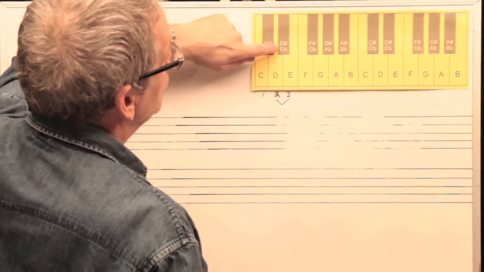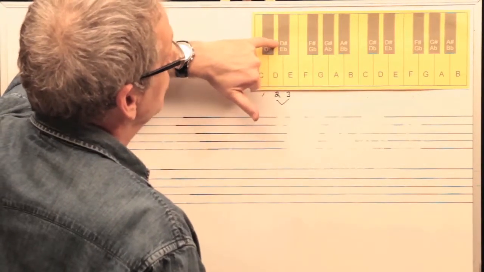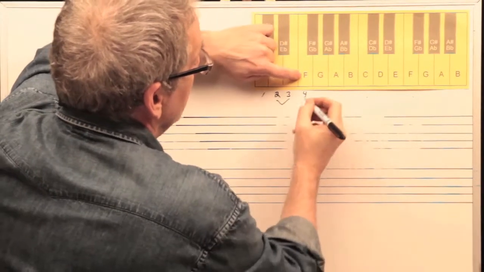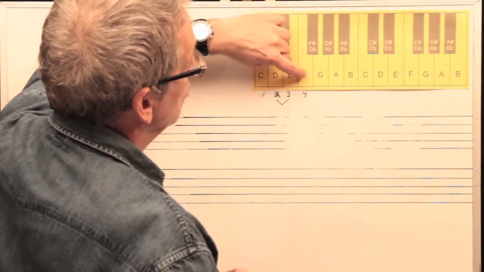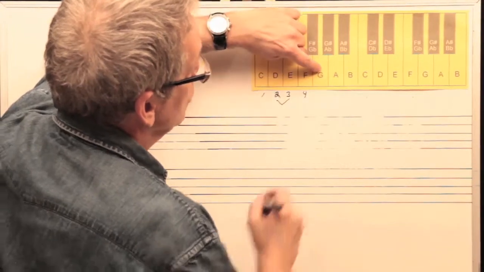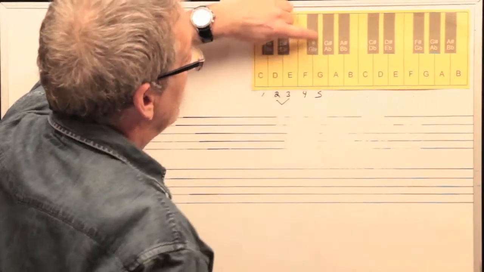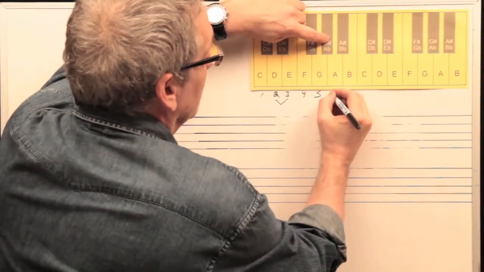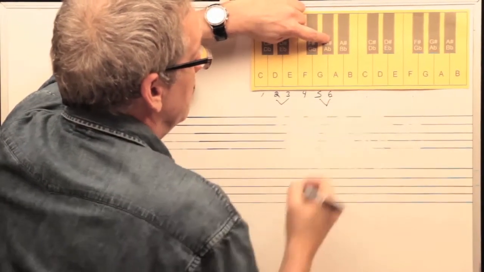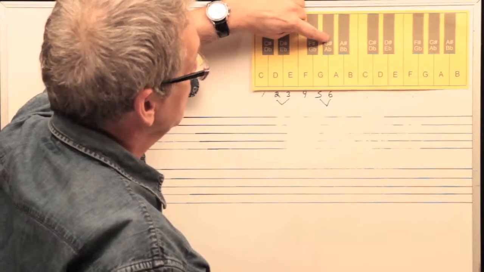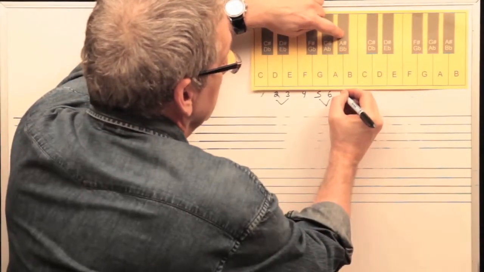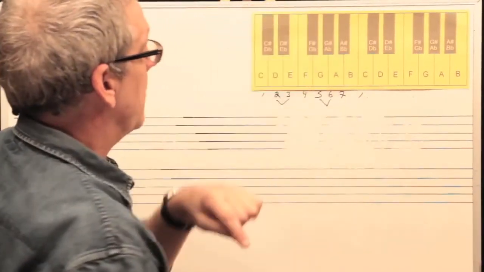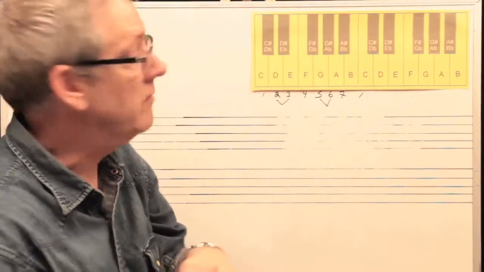Then it's a whole step between the 3 and the 4, so E flat to F, okay? And then a whole step between 4 and 5, so F, G. Half step between the 5 and the 6, so we go right up to the A flat, and there's our other half step. Then a whole step between 6 and 7, and then 7 and 8, or 1 again. And there you have it.